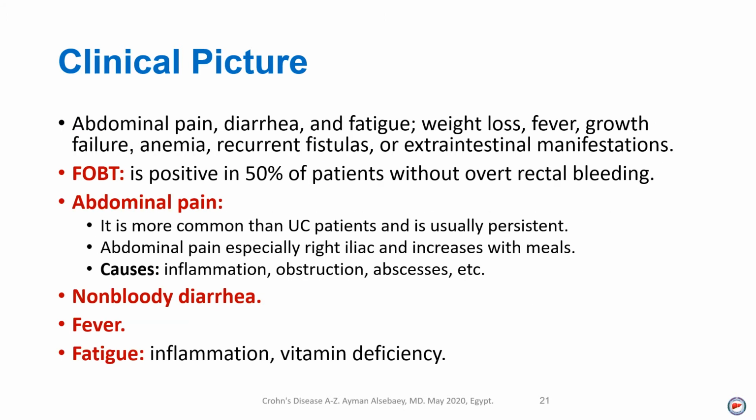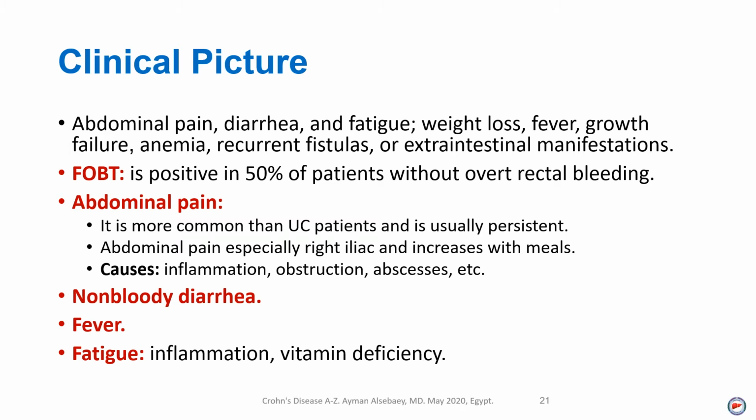In general, most patients with Crohn's disease will have abdominal pain, diarrhea, fatigue, weight loss, fever, growth failure in children, anemia, recurrent fistula, and extra-intestinal manifestations. Okay? If we do the fecal occult blood test, you will find that it is positive in 50% of the patients, even if they don't have overt rectal bleeding. Abdominal pain is common in patients with Crohn's disease.